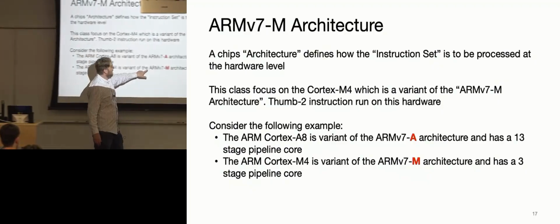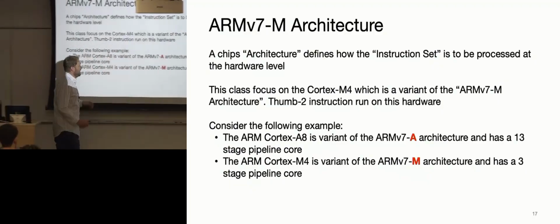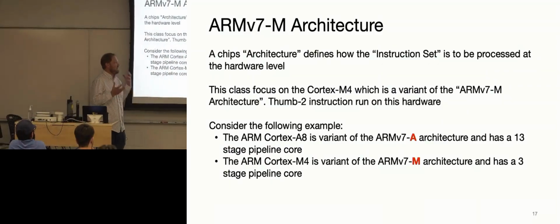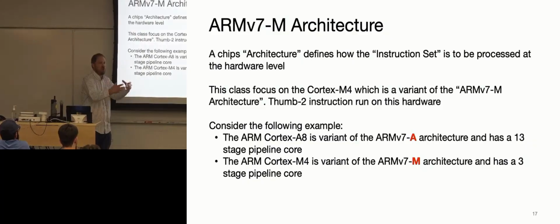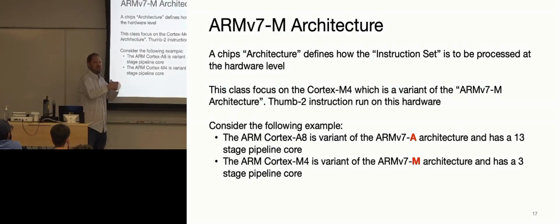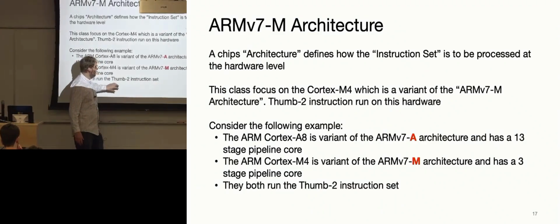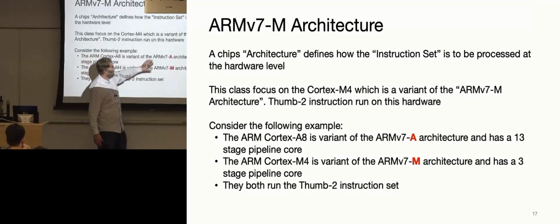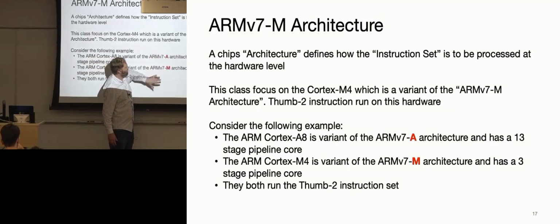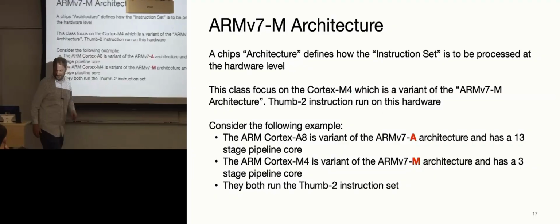The ARM v7-M architecture has a 3-stage pipeline. So same type of instructions, it's just the core itself, the hardware, instantiates how it's processed differently, even though it's essentially the same instructions. They both use, or can be used with, the Thumb2 instruction set. So here, instructions are implemented differently on different architectures.